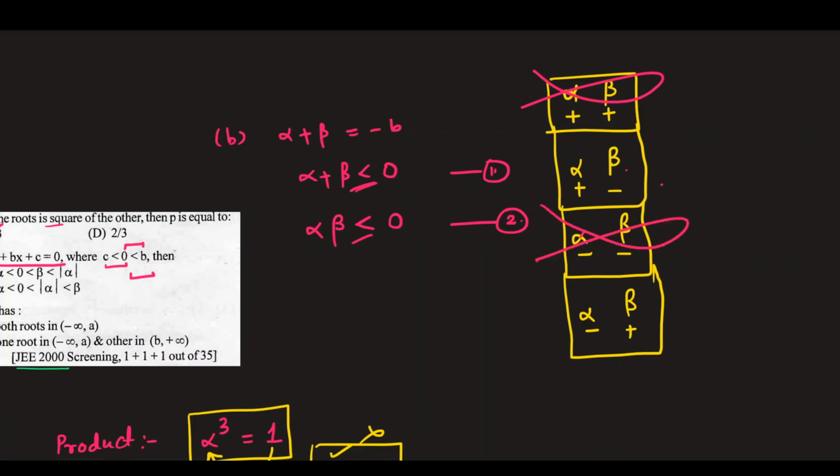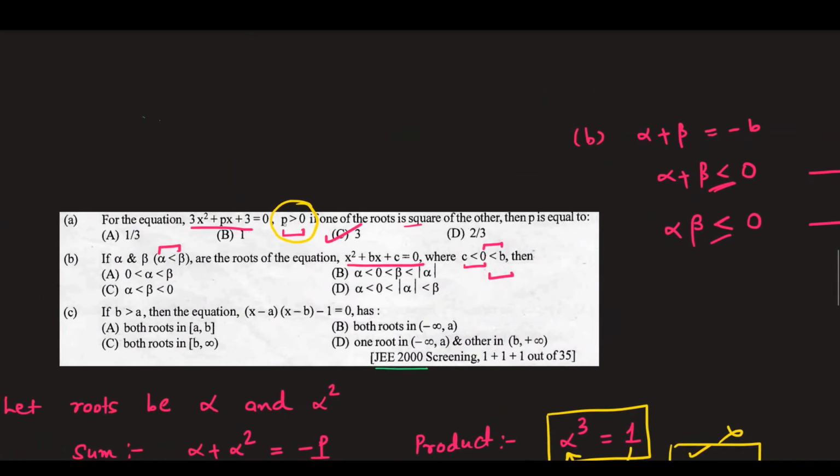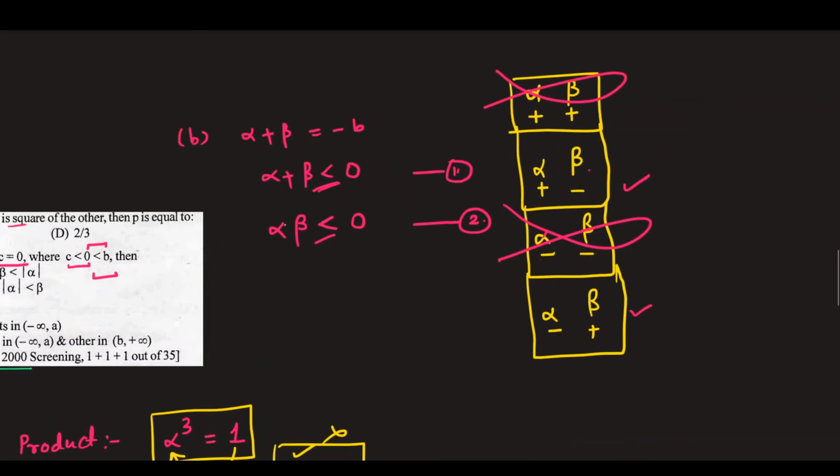Now we are left with this case or this case. But the question says that beta is greater than alpha. So this case is also eliminated, because a negative number can't be greater than a positive number. So now we know the signs of alpha and beta. We know that alpha is negative and beta is positive.